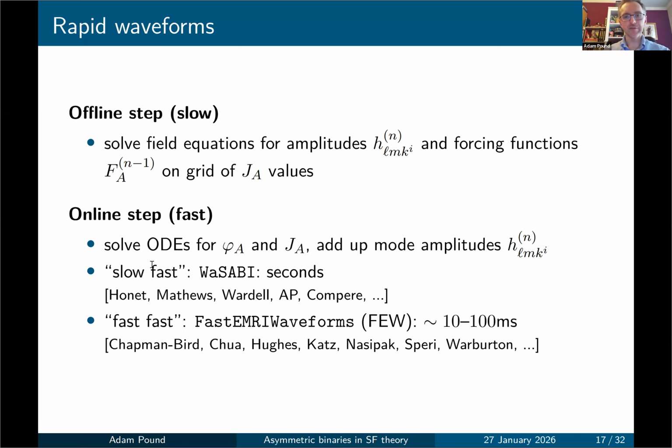Even a fairly naive implementation, such as this package Wasabi that I've been involved in, can generate waveforms in seconds. It's in Mathematica, actually. Then there's a blazingly fast software package called FastEMRIWaveforms, where you use GPUs to get down to tens of milliseconds.